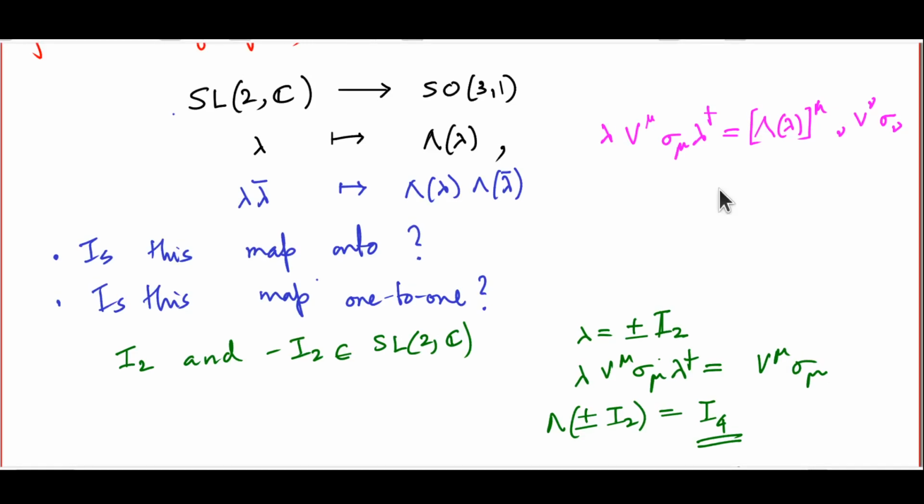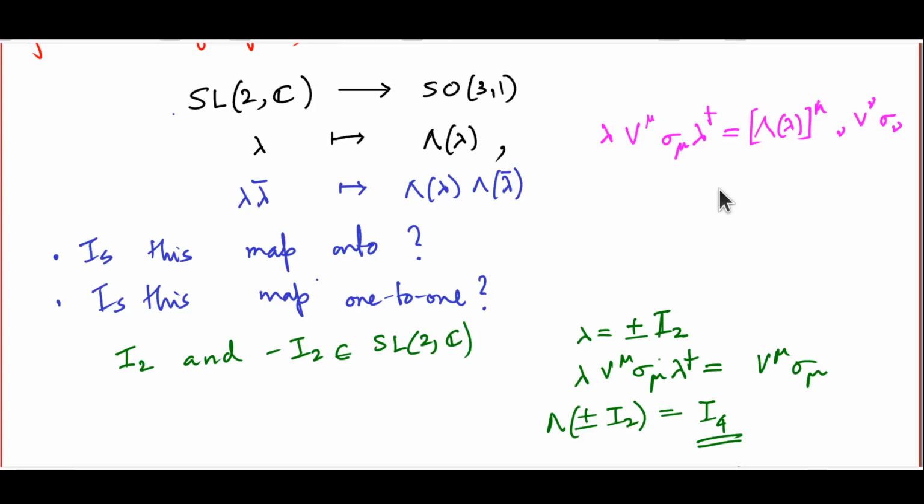To put this in group theoretical language, the kernel of the homomorphism between SL(2,C) and the Lorentz group is not trivial. The kernel, by definition, consists of those elements which map onto the identity of the image group. By the very basic property of homomorphisms, it is rather obvious that the identity element of the first group must map onto the identity element of the image.